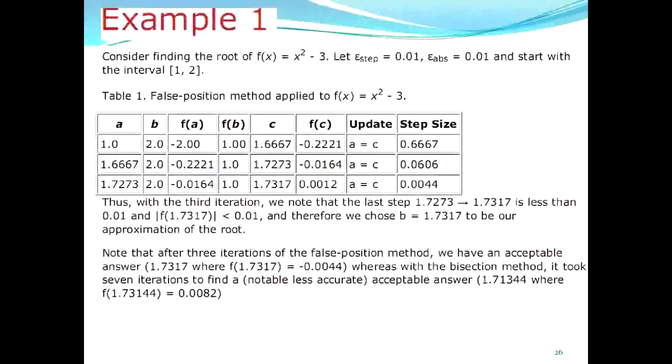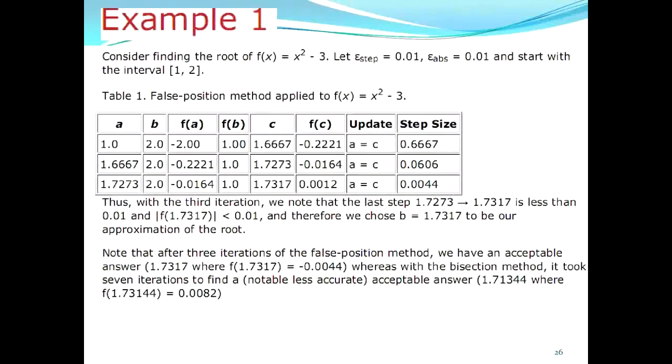Okay, so now we consider example 1, and that is finding the root of f of x equals x squared minus 3. So that is a quadratic equation, and you start here with a table, but you can also do it manually. You can find it manually, and then you can construct the table out of it. So first of all, we use a random interval, 0 and 1.